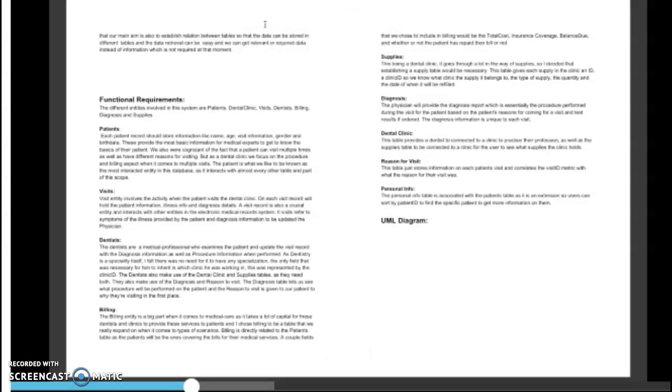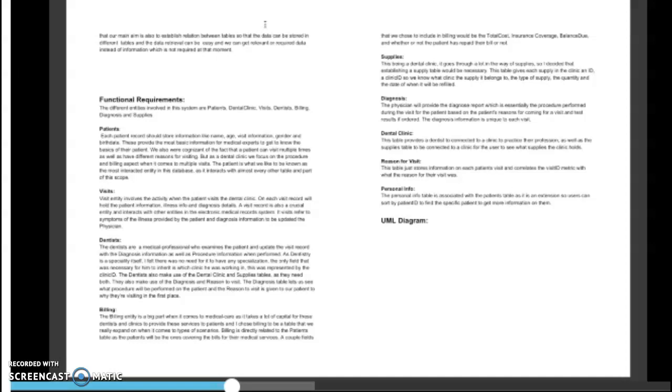Dental clinics are usually a very small operation in comparison to hospitals, so the size of my database wasn't as big. It was just to keep track of patient records, procedures, supplies like toothpaste and cleaning supplies, and dentists and dental clinic records.